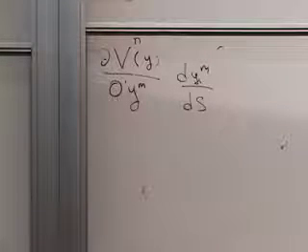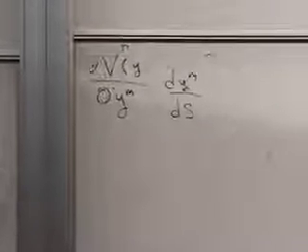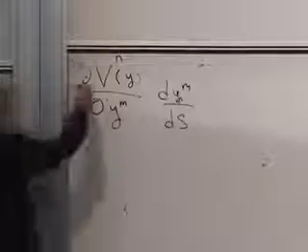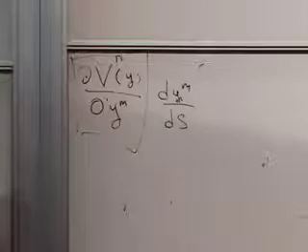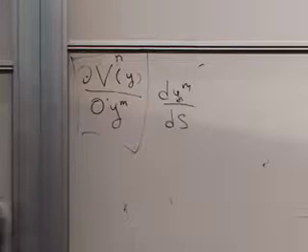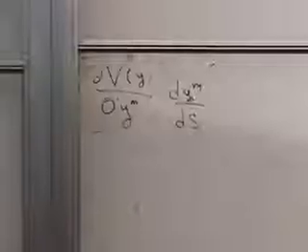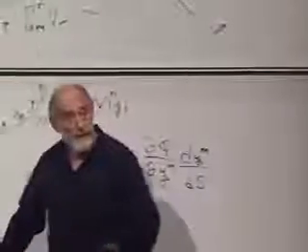Well, what can I do to make a tensor out of this? A tensor that varies along the curve. Well, we just replace this by the covariant derivative. Wherever you see ordinary derivative, replace it by covariant derivative. At least the covariant derivative has the property that if the vector isn't really varying, the covariant derivative is 0.